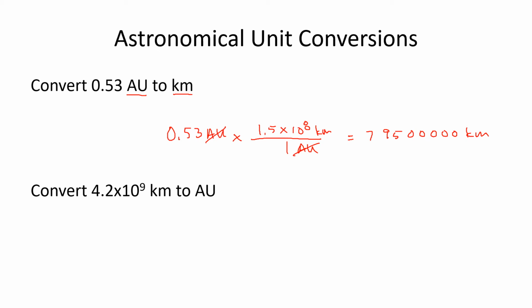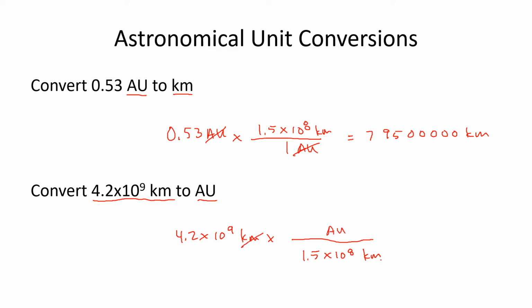Now if you want to go the other way, if I have a whole bunch of kilometers and want to convert into AU to make it simpler to compare distances within our solar system, we start with what we're given, 4.2 times 10 to the 9th kilometers. This time we divide by 1.5 times 10 to the 8th kilometers for every AU.